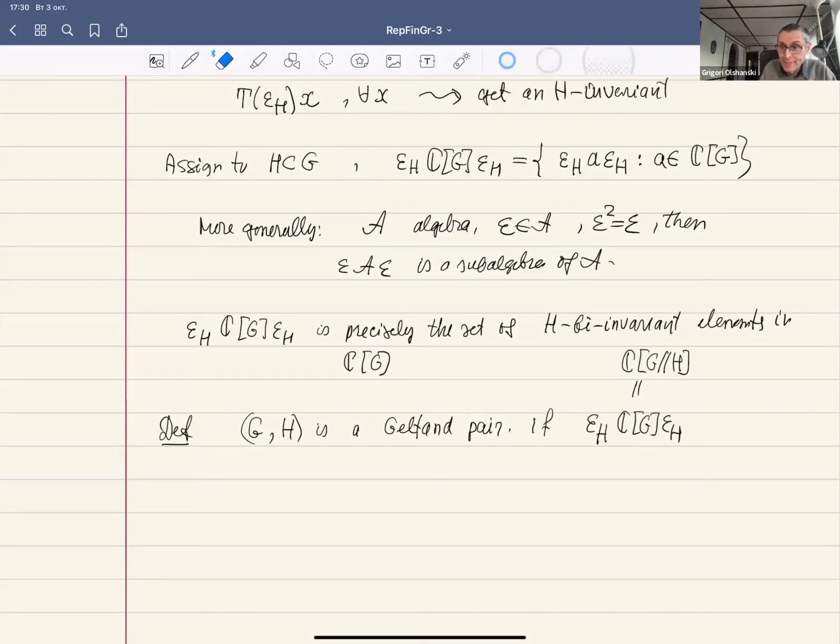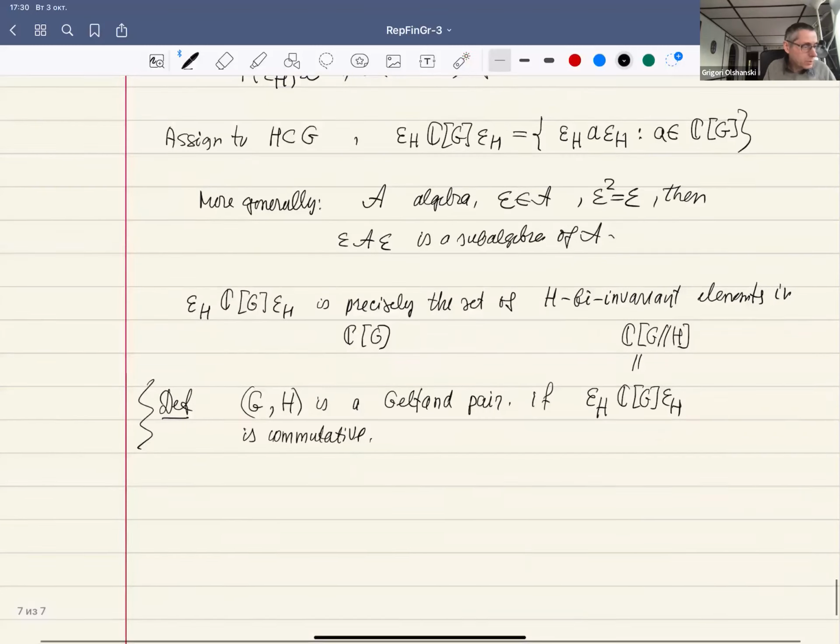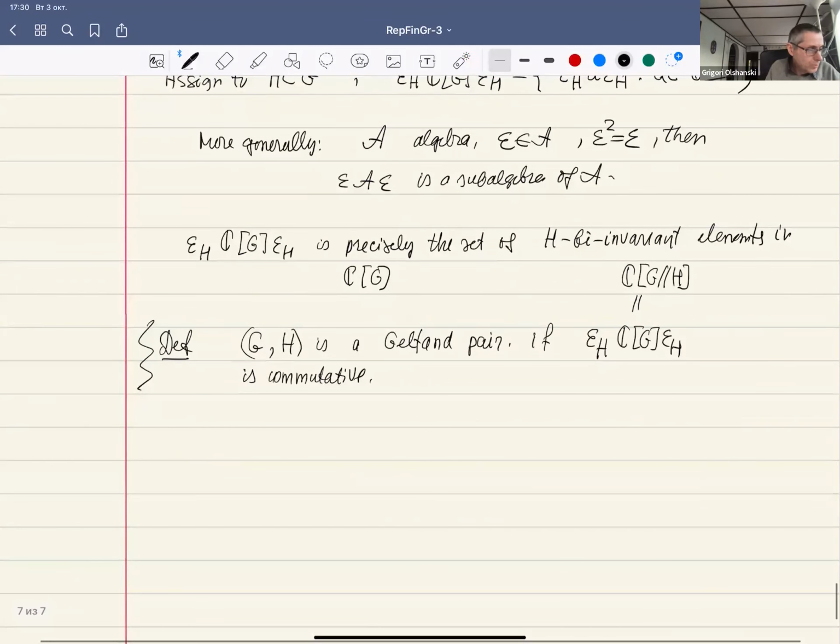Two slash bars here just symbolize that we have two-sided invariance. If this subalgebra is commutative. So this is the definition. Why is it important? This is so because of the following theorem.